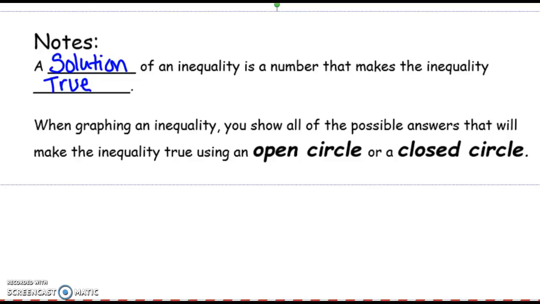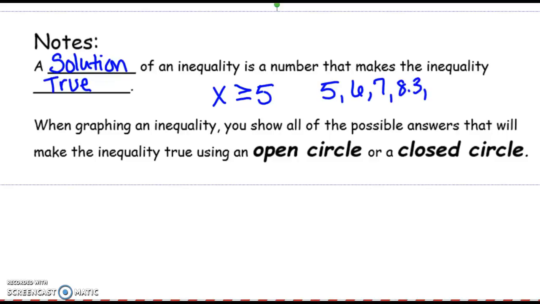Here, if I say x is greater than or equal to 5, we actually have an infinite amount of answers because 5 will work, 6 will work, 7 will work, 8.3 will work, 10.256 will work. We can go on forever all day naming numbers that are greater than 5 or equal to 5.